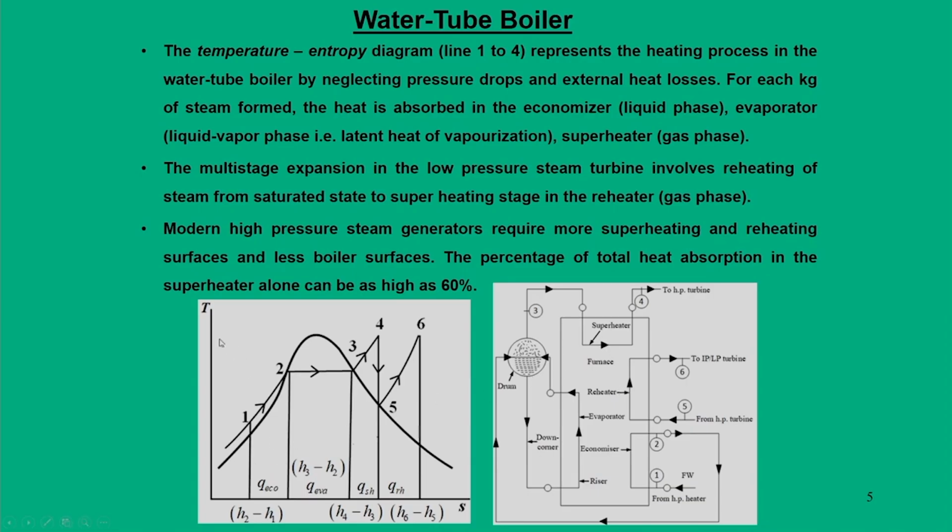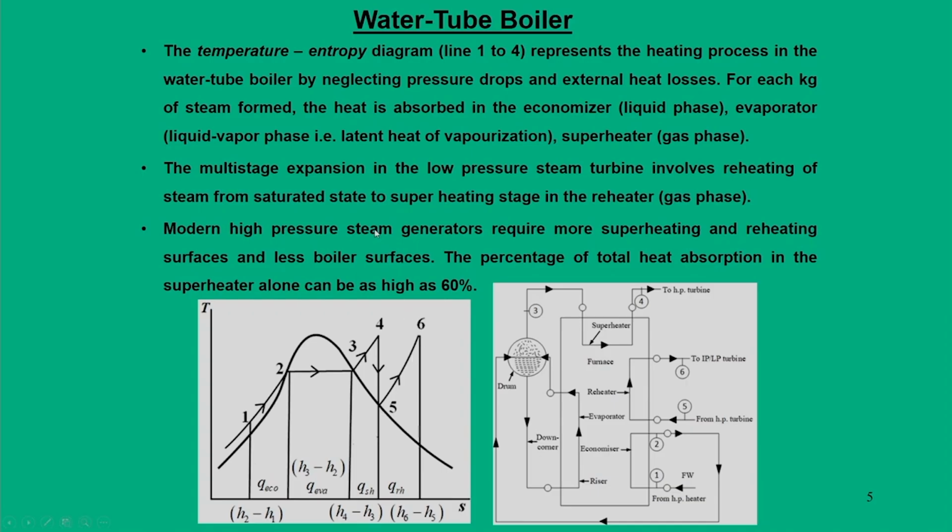In the T-S diagram, point 1 refers to the liquid phase of water, point 2 refers to the saturated liquid, point 3 refers to the saturated vapor, point 4 is the superheated vapor, point 5 is the saturated vapor again, and point 6 is the superheated vapor.